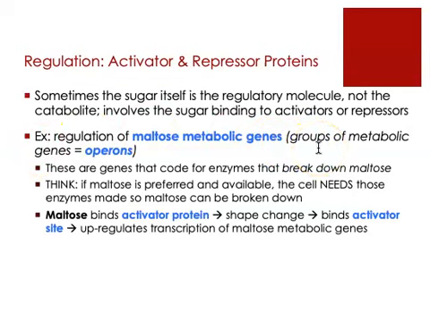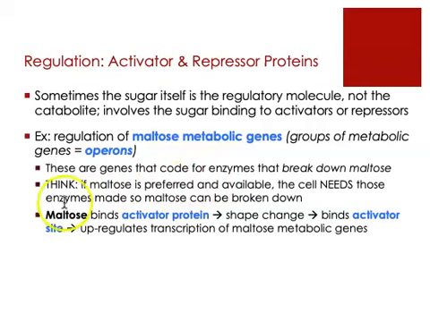So let's imagine a bacterial cell that prefers maltose. It likes to use the maltose sugar for energy. So if maltose is around and maltose is available, then the cell is going to want to make the enzymes that will break down that maltose so it can use it for energy. So when maltose is around, in other words, the cell wants to upregulate the gene, the operon, that makes those enzymes.